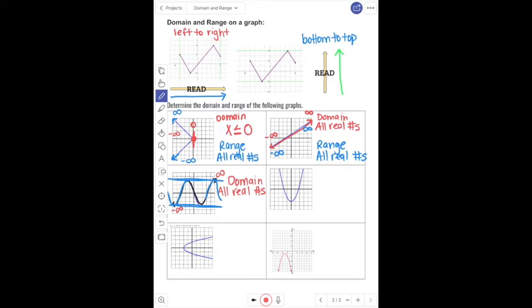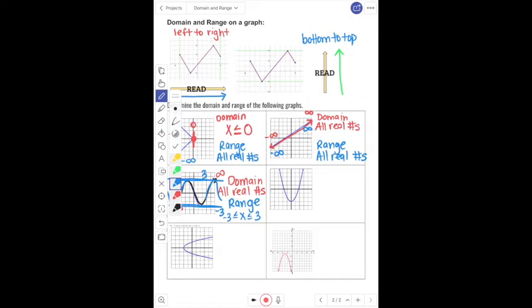It keeps repeating itself. That means my range is never going to go any lower than -3, but it's never going to go any higher than +3. So it includes everything in between 3 and -3. So y is between -3 and 3 and includes those two values.